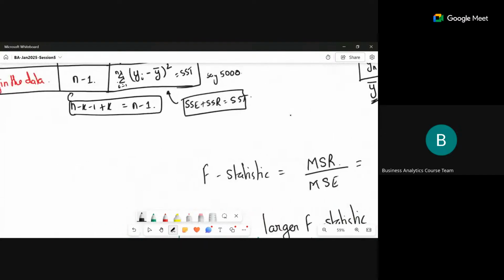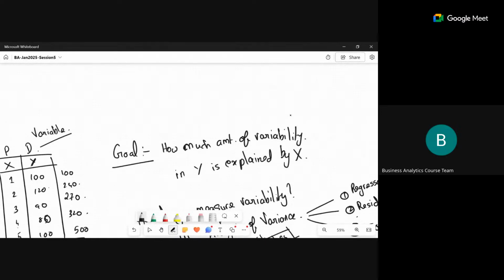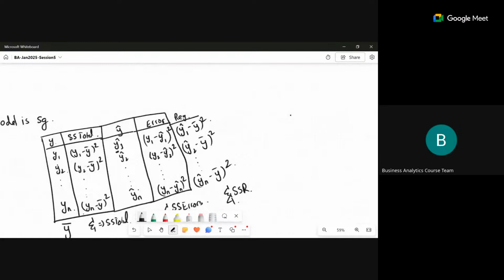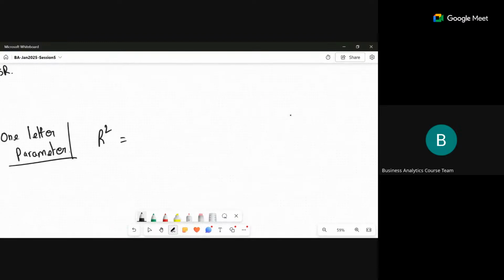Go back to my starting thing. What is our goal? To build a model that explains the variability of y, right? So what does R squared tell you? How much of variance can be explained by the model?